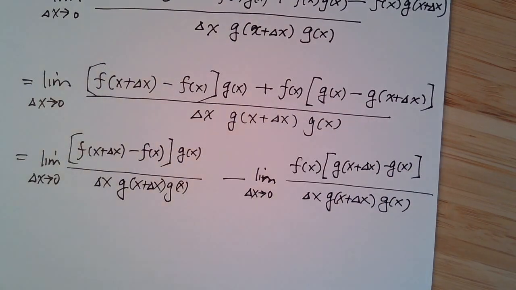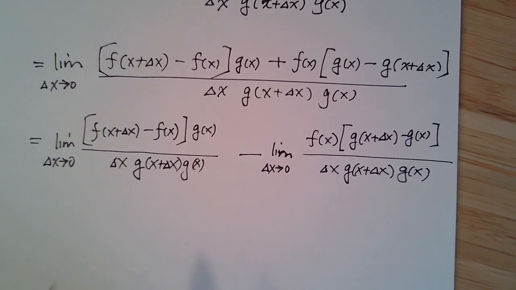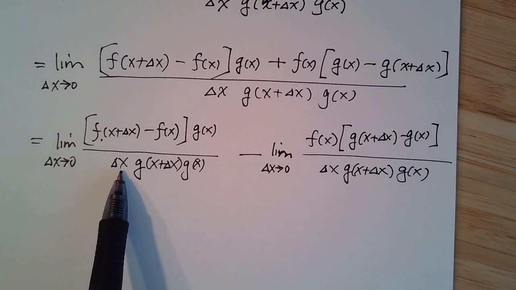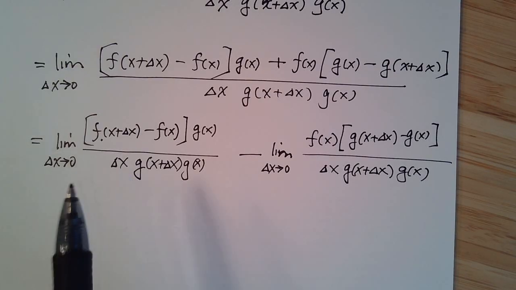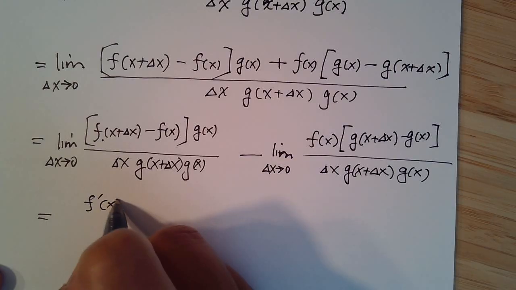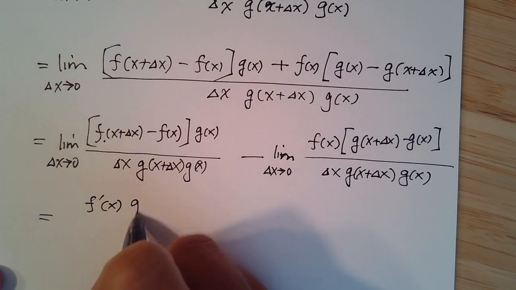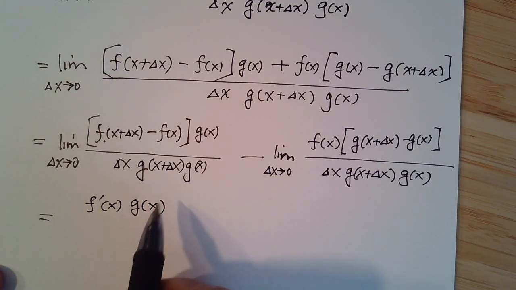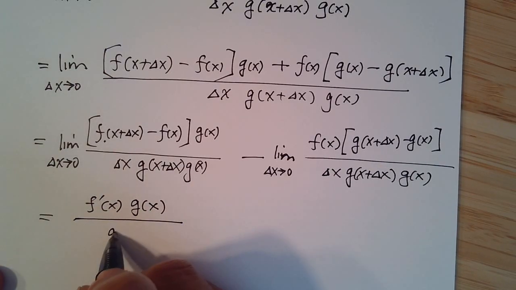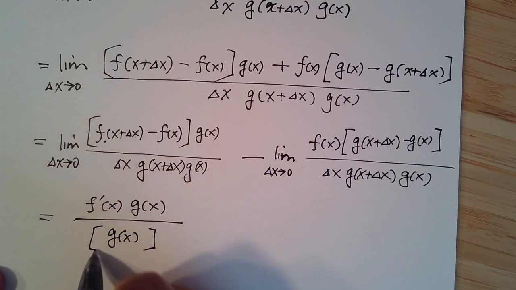Whew. All right, now finally I get to something that looks familiar. So f of x plus delta x minus f of x over delta x. Is that an f prime? So that is f prime of x, and the top is g of x. Now the denominator, when delta x approaches 0, the denominator is g of x squared.